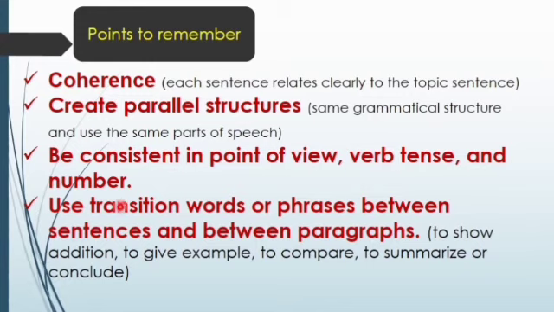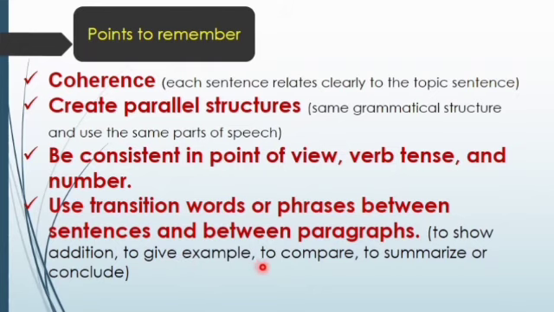The last point is use transition words or phrases between sentences and between paragraphs. Transitional expressions emphasize the relationships between ideas. Some useful transitions are, to show addition, words like again, and, also, besides, further, in addition.